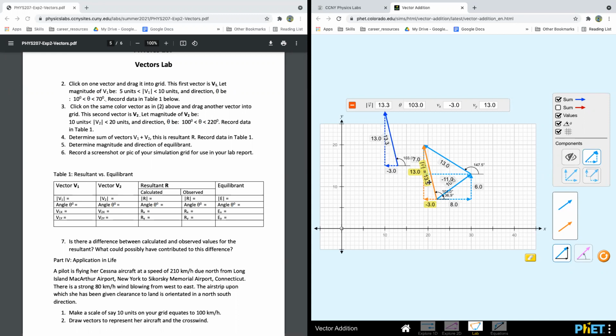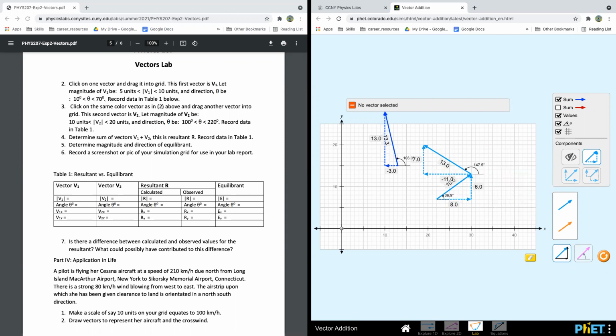I guess you can also try to use, when you calculate this, I think the way you calculate is by using the equation: v1x plus v2x, this is the total Rx, right? And v1y plus v2y.